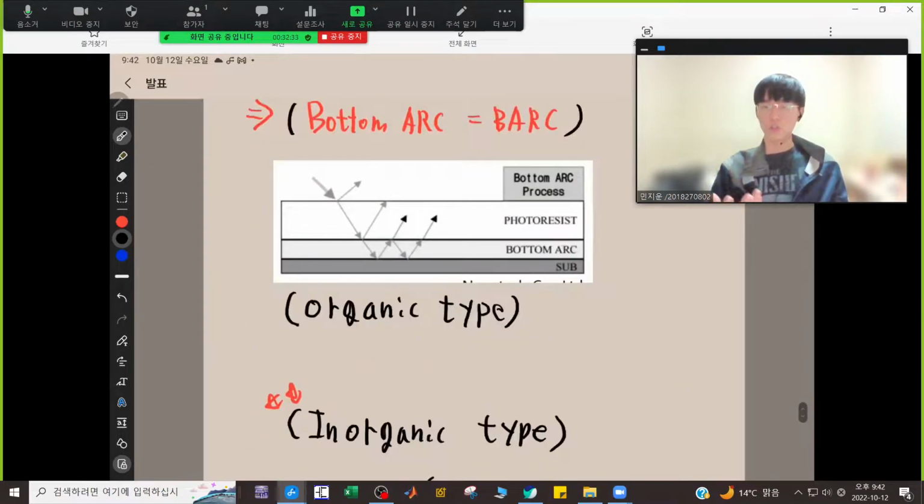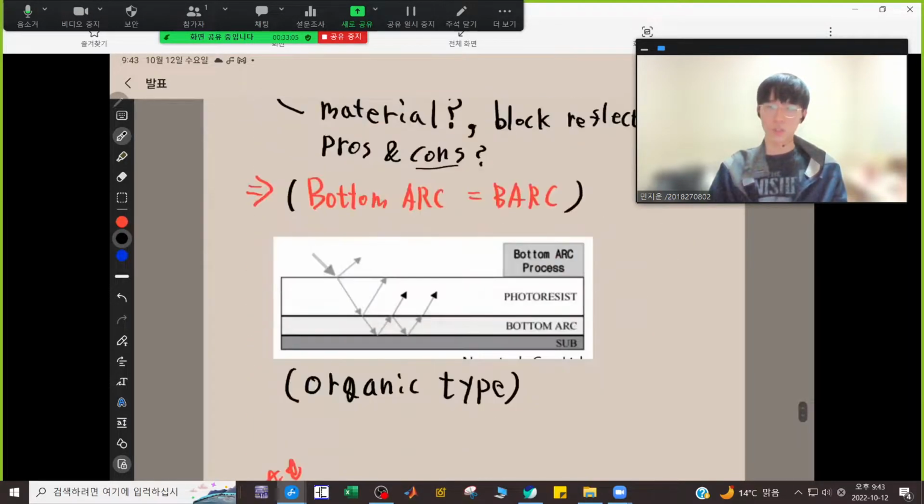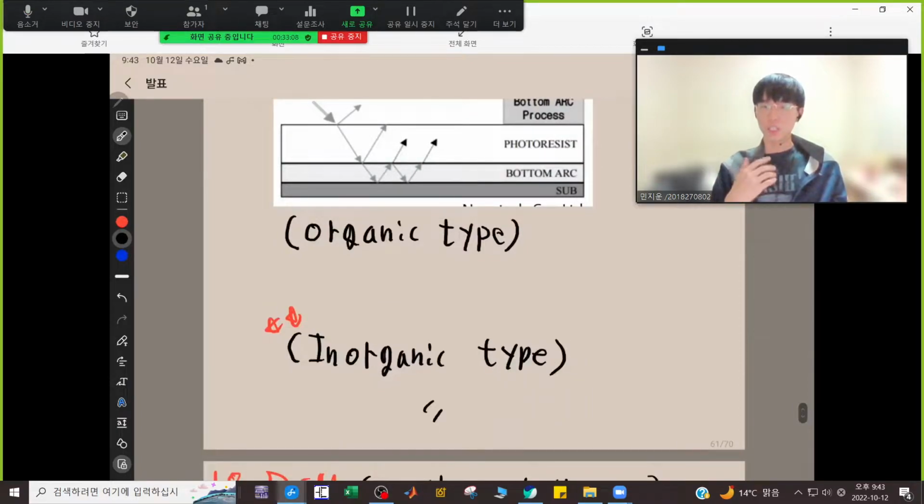It also uses a polymer and spin coating, and it can block the reflection from the silicon substrate by absorption in this layer. It also has disadvantages similar to the top method.